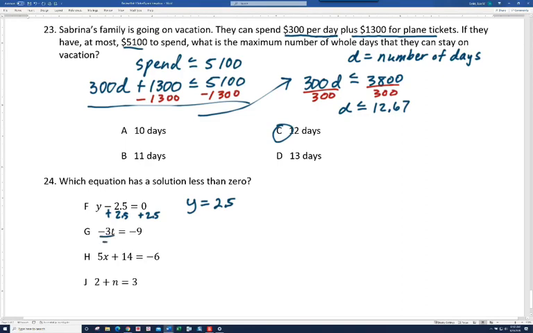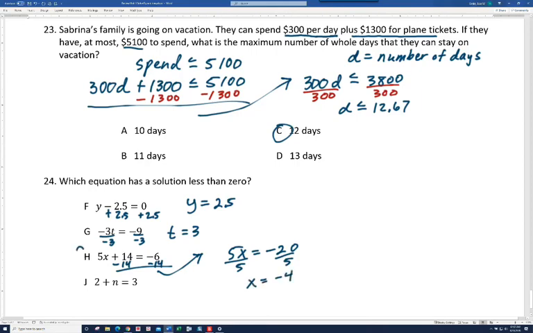If we divided by -3 on both sides, we'd get T is equal to +3, so that's not less than 0. If we subtract 14 on both sides here, we end up getting 5x is equal to -20. Divide by 5, and you get x is -4.